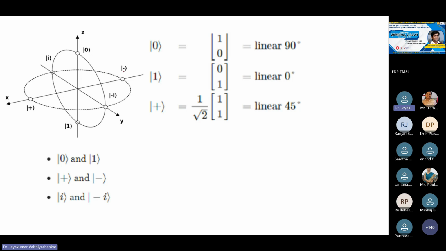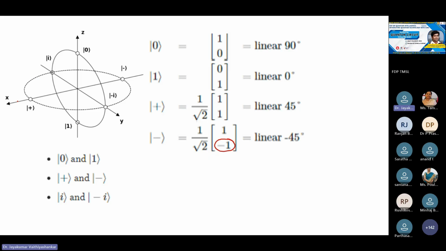If you want to represent the negative state, minus x-axis, then you need to represent it with a negative sign, because it is on the opposite side of the Bloch sphere. That is why you get a negative sign for the second component.